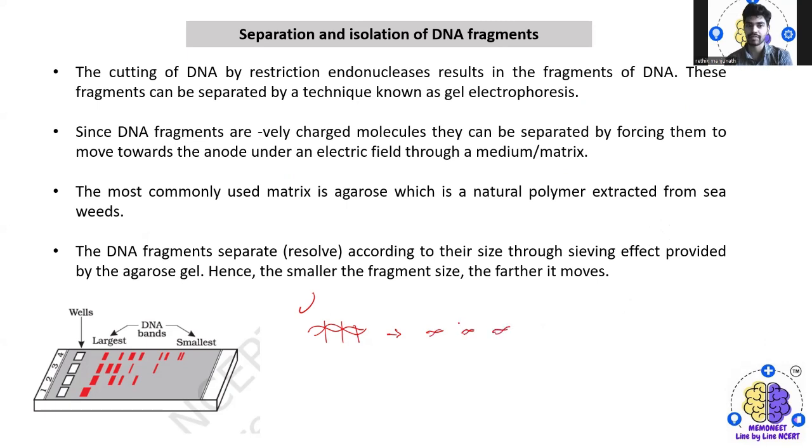These fragments can be separated by another technique called gel electrophoresis. Since the DNA fragments are negatively charged molecules, they can be separated by forcing them to move towards the anode under an electric field through a medium or matrix. The most commonly used matrix is agarose gel, which is a natural polymer extracted from seaweeds.